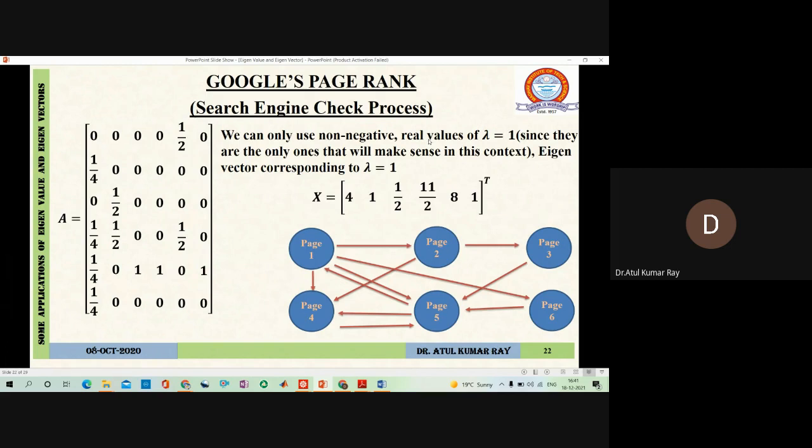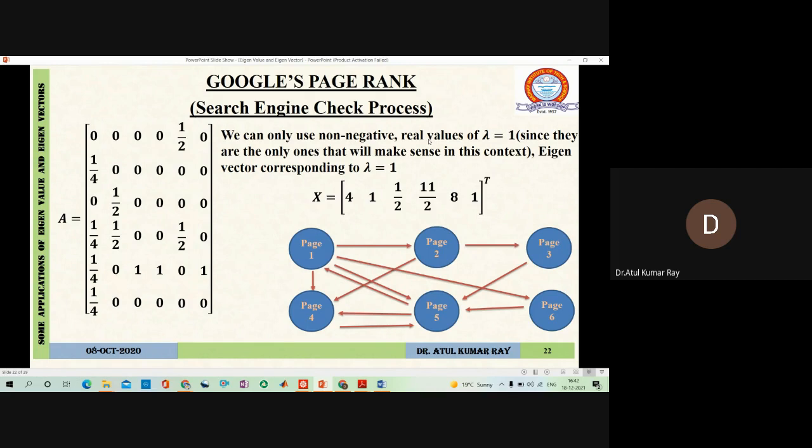From this eigenvector, I can see which element is largest, that is, the most liked page among the 6 pages. Here 8 is more than the other elements of this vector.